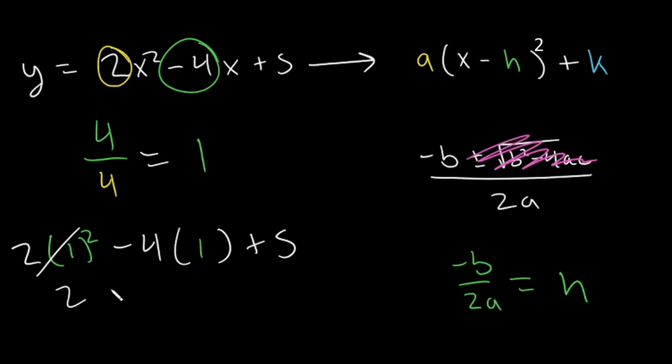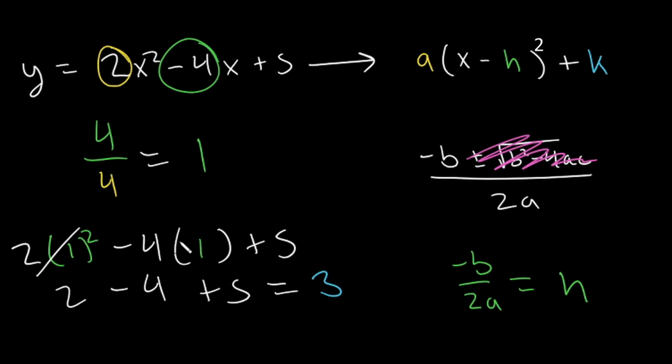And then negative 4 times 1 is negative 4. And then we add 5. 2 minus 4, that's going to be negative 2. And then we add 5, that is going to be 3. So all of this is going to be 3. And we know this is going to be our k value. So I'm going to put it in blue.